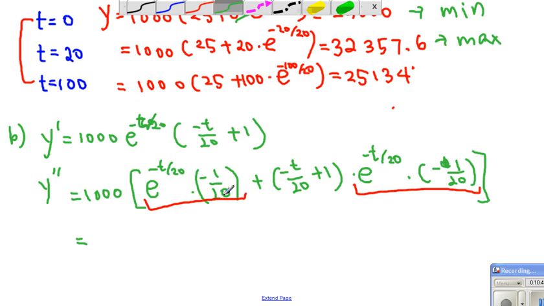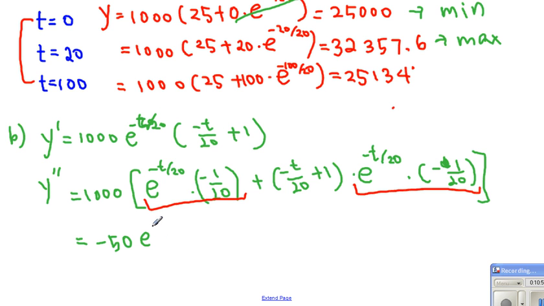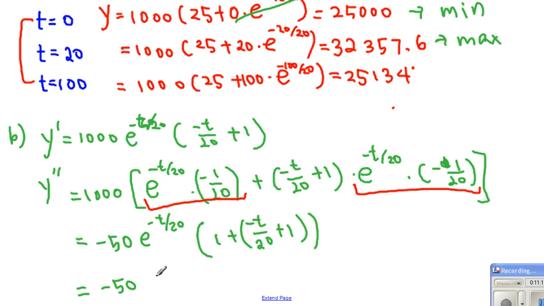Negative 1 over 20 times 1000, then it will get us negative 50 times e to the negative t over 20. Now, then we are left with 1 plus negative t over 20 plus 1. Of course, if you simplify this further, we'll end up getting negative 50 e to the negative t over 20 times 2 minus t over 20.